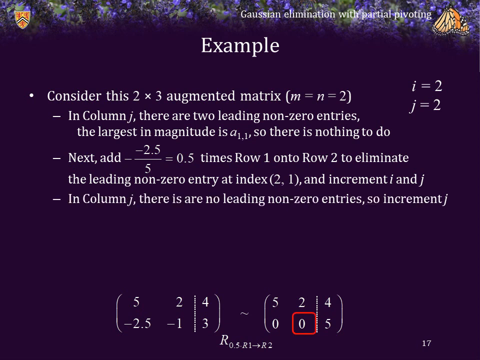All right. In column j equals 2, there are no leading non-zero entries, so increment j. Now, you may have already noticed at this point the matrix is in row echelon form, so you could stop right now. We're done. However, just to show you that the algorithm still works, let's carry on.